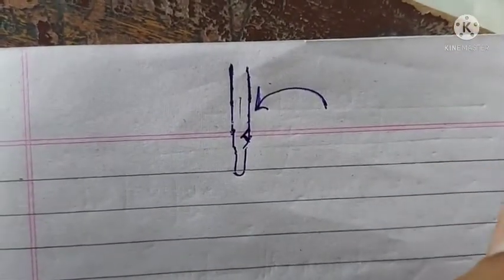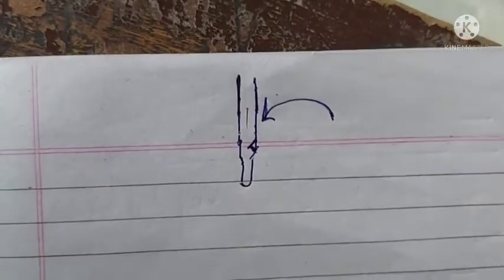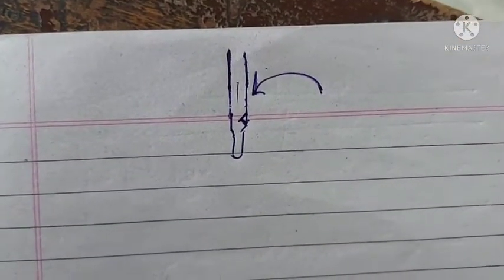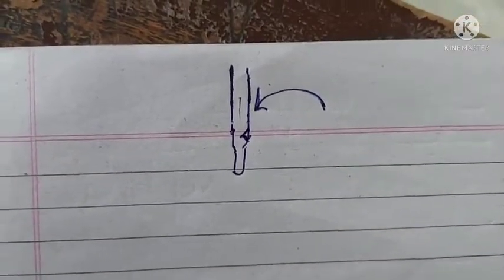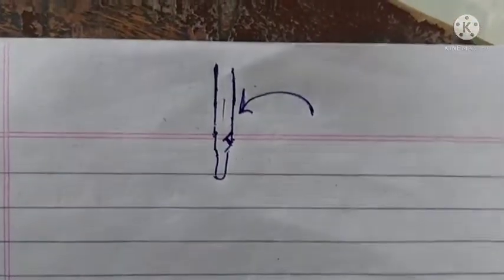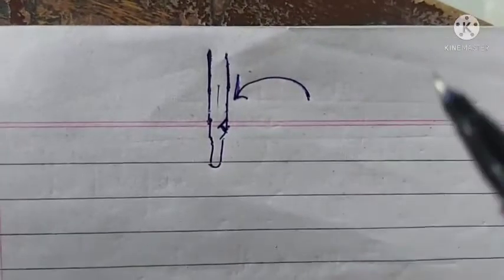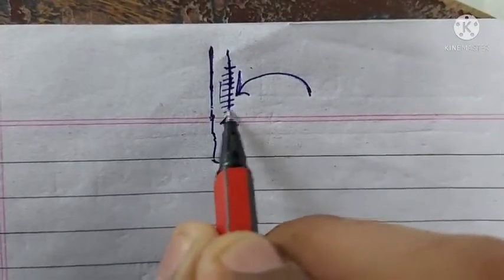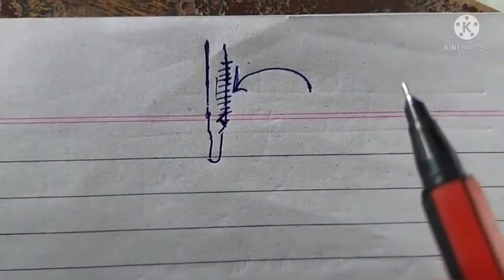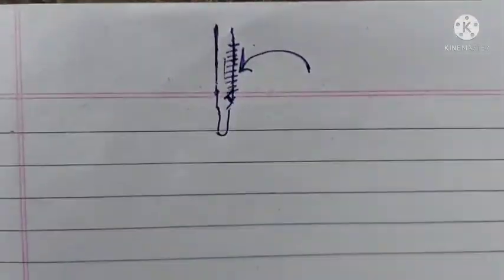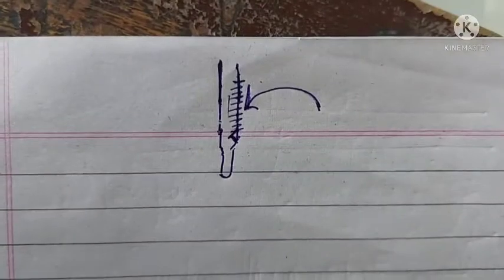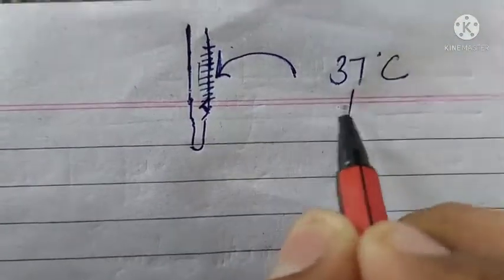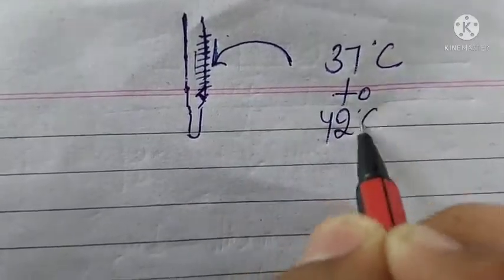But this provision we do not have in the case of the laboratory thermometer. The laboratory thermometer should be in the liquid when we are measuring the temperature. So this is the gain. In this way we measure the temperature. You can read the level of mercury by noting the scale of the thermometer. I have told you the range, 37 degrees Celsius to 42 degrees Celsius.